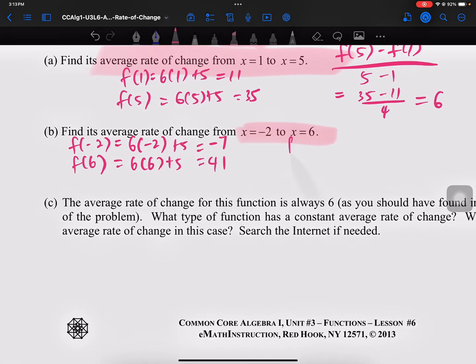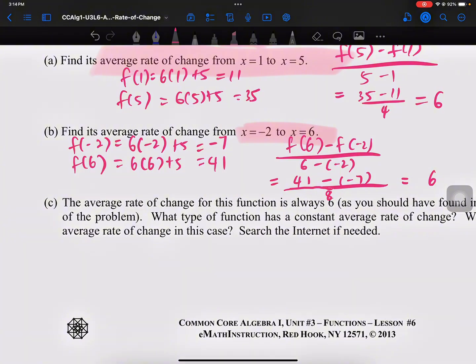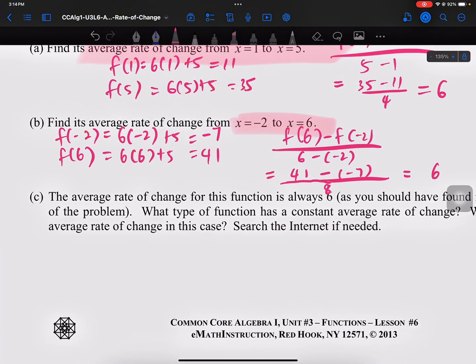So we put it inside the formula: f(6) minus f(negative 2) over 6 minus negative 2, which gives us 41 minus negative 7 over 8, which is 48 over 8. Okay, it will give us 6. It means that the average rate of change is equal to 6.